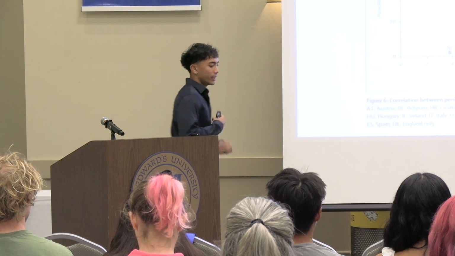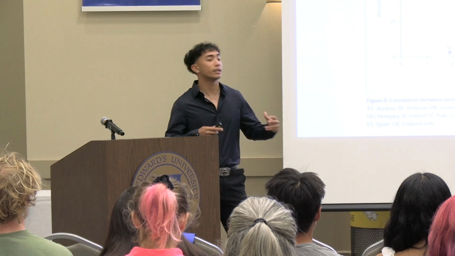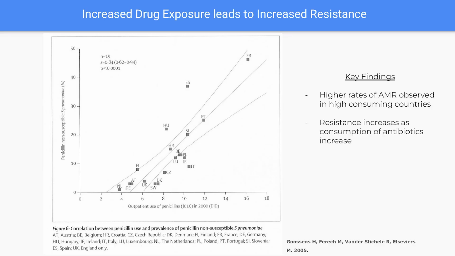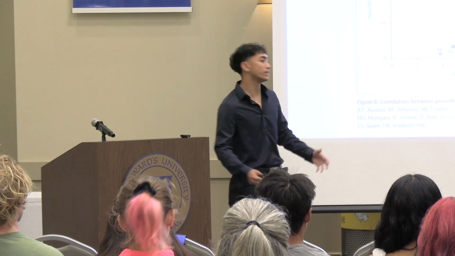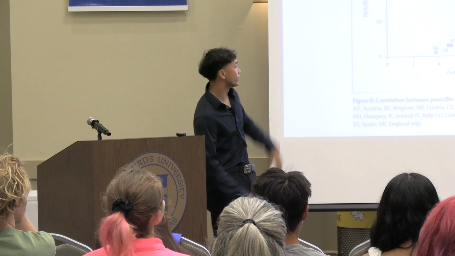I also touched in my introduction about how the misuse of antibiotics can boost AMR, and that's given in this graph here. This is a study done in Europe using 19 countries, and on the bottom we see outpatient use of penicillins. Penicillin is a treatment used typically against S. pneumoniae.